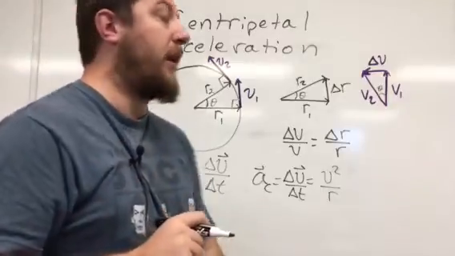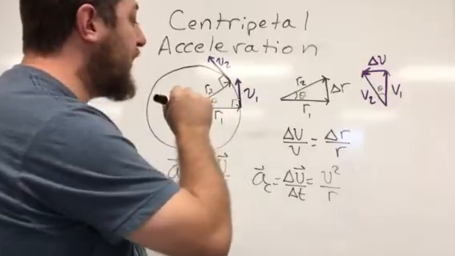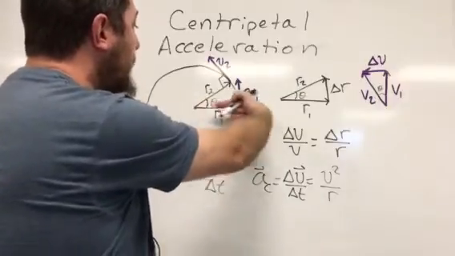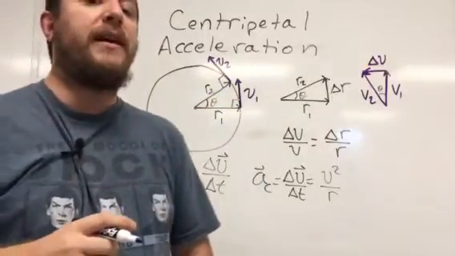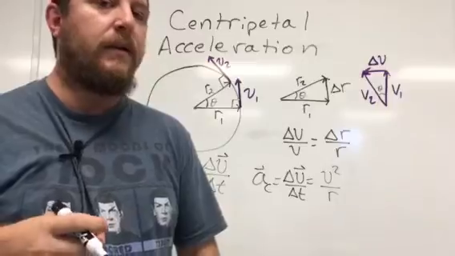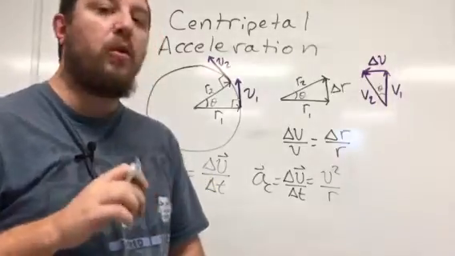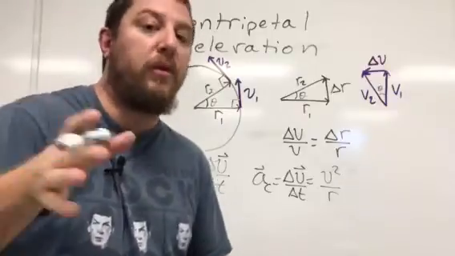What is the direction, however? The direction of the centripetal acceleration will always be directed toward the center. If the direction were not toward the center, then it would be pushing the object outward as opposed to pulling it inward.